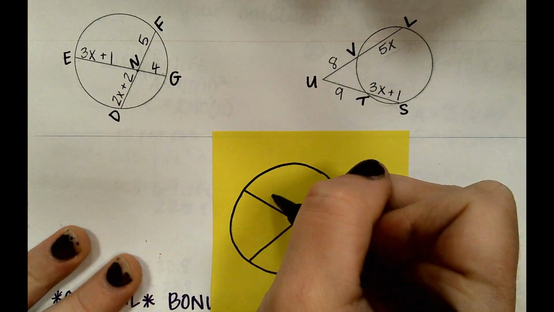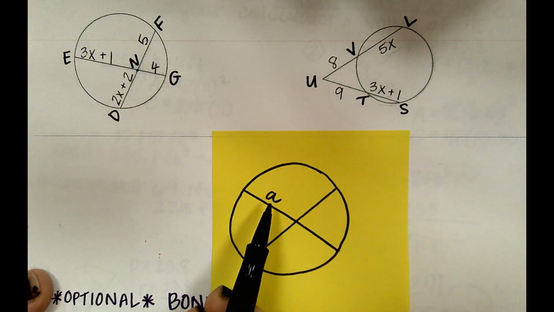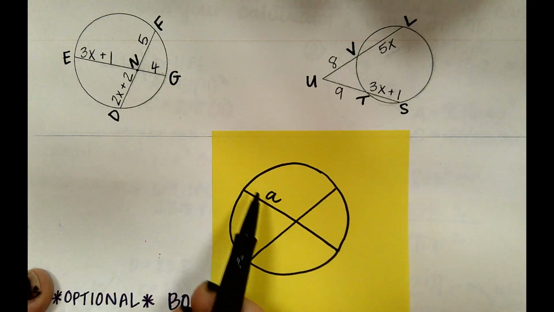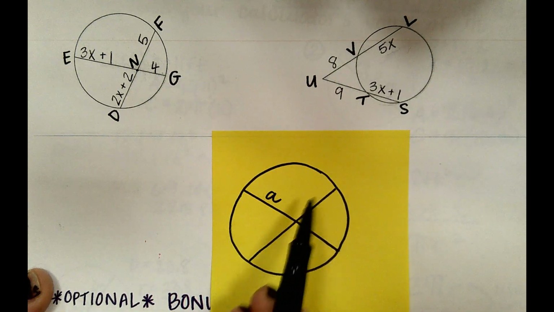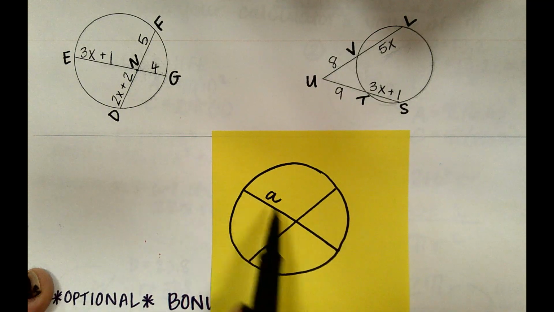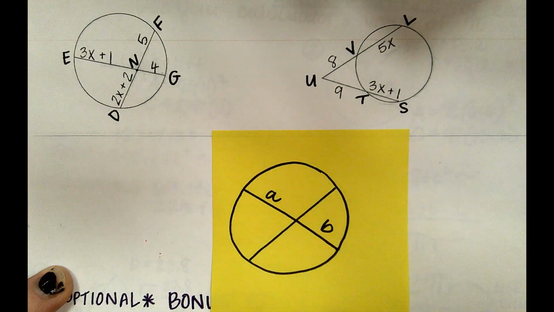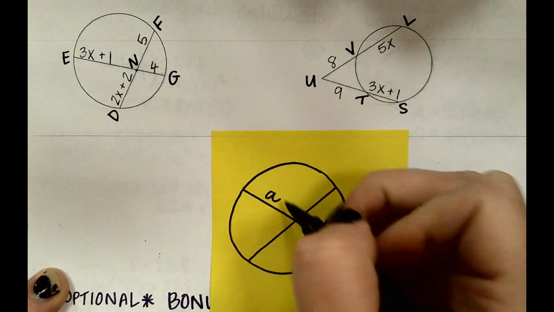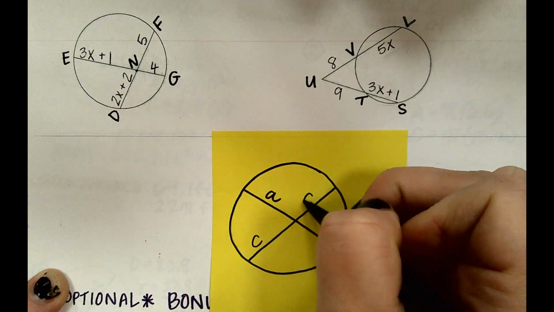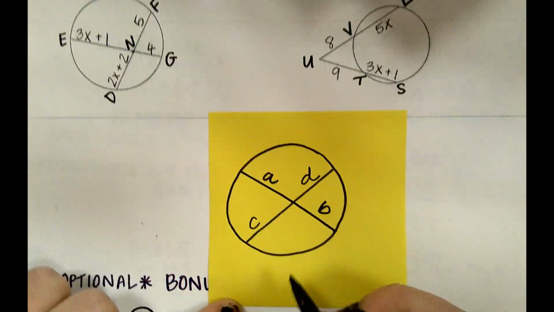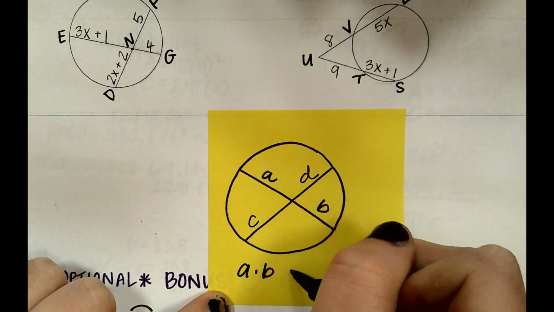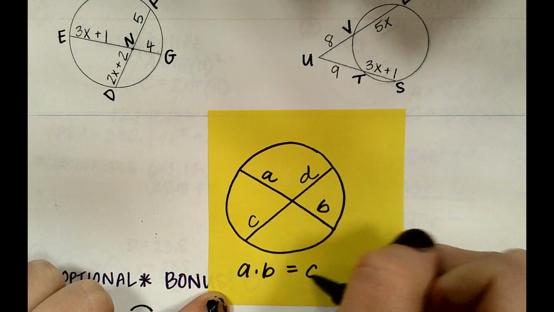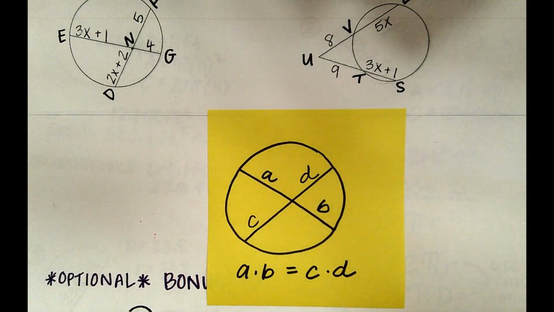Just remember that whatever you choose for A, B is on that same line. Keep following the line. Don't ever hop over to the other side of the V or underneath. It's the same line. So this is A and B. Then start over, C and D. And that formula, I'll write it here. A times B equals C times D.